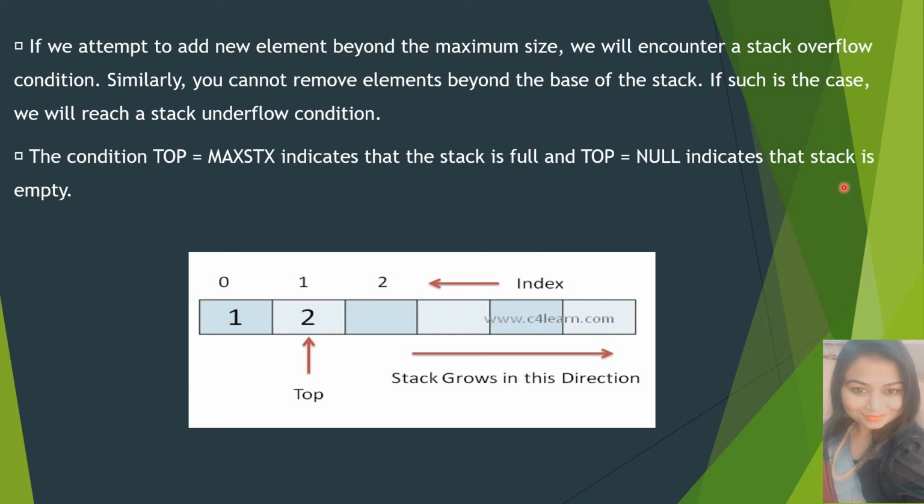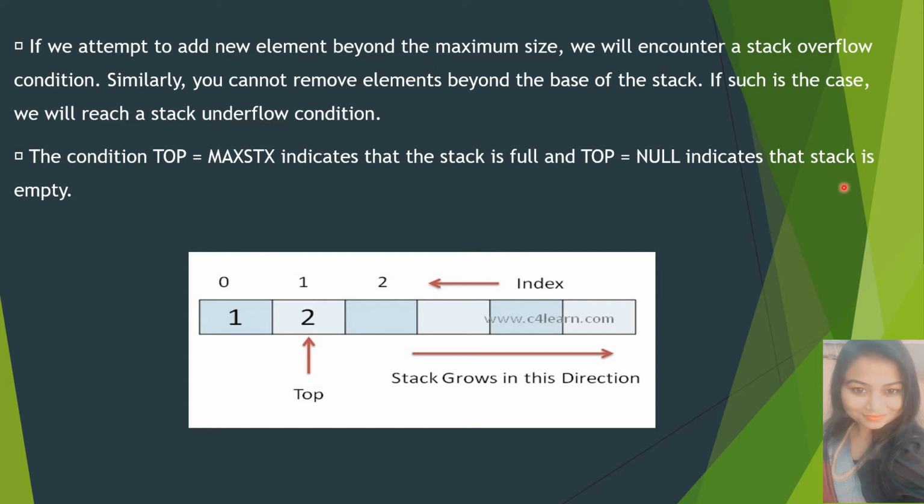So in the representation of the stack using arrays, it contains only two conditions. The one condition is that top is equal to maximum stack. It indicates that the stack is full. Why do we have to apply these conditions in this stack?